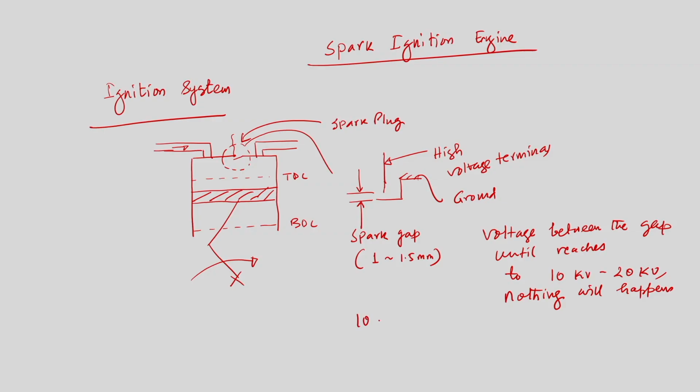So, this 10 to 20 kilovolt is required to break the resistance of the spark gap. That is, using such a small voltage of 12 to 24 volts, we need to develop 10 kilovolt essentially to break the resistance of the spark gap.